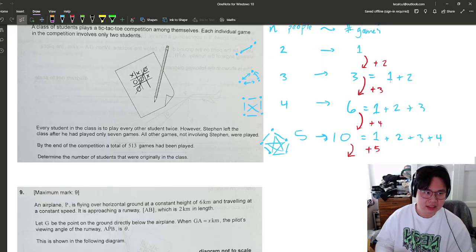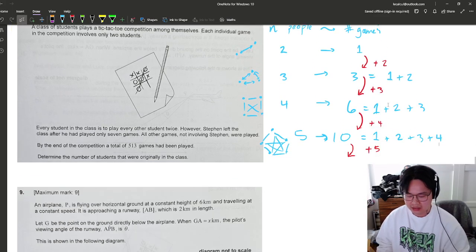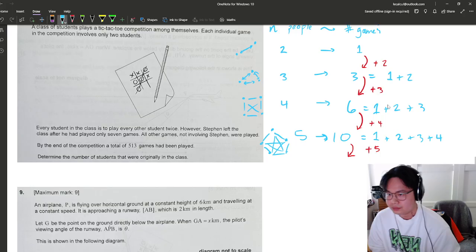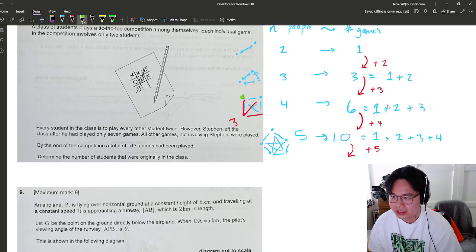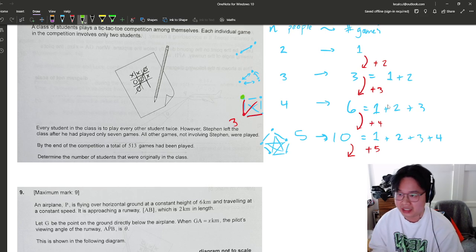Right, and this makes sense because essentially, let's say that you have 4 people. The first person plays 3 games, against each person. Then the second person only needs to play 2 more games with the other 2 people that he didn't play with, because the first person already played with them. So that's 2.